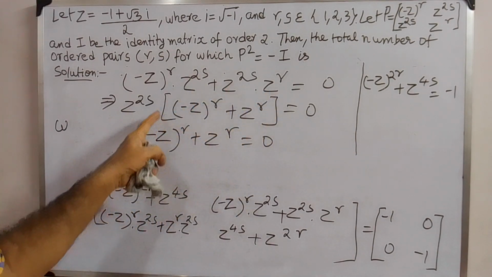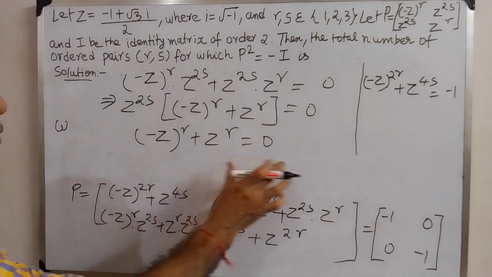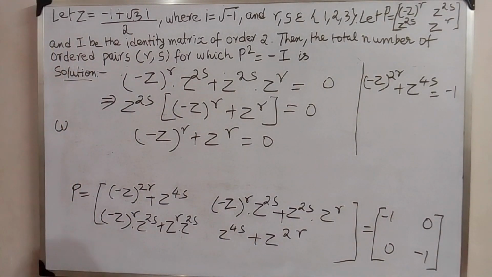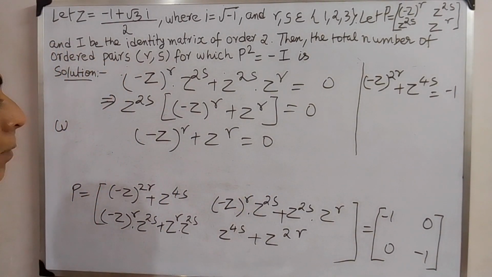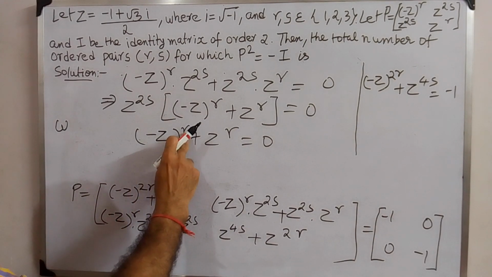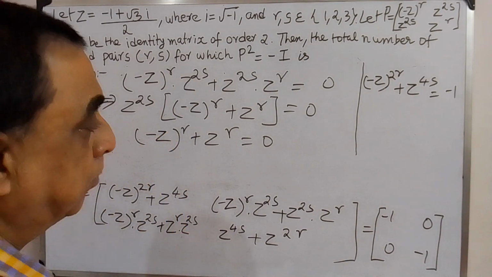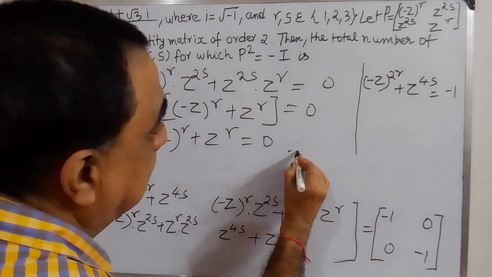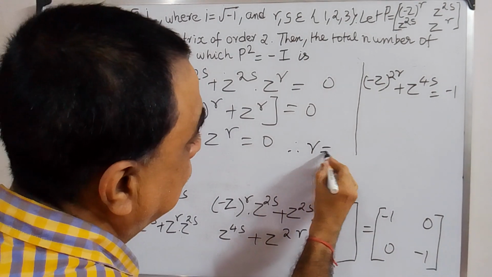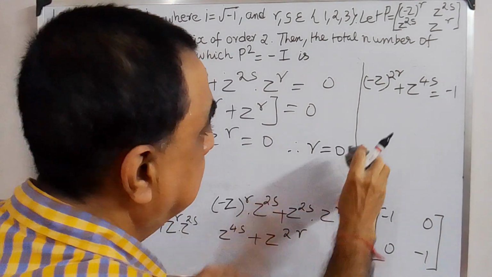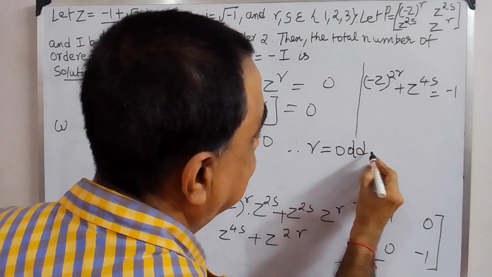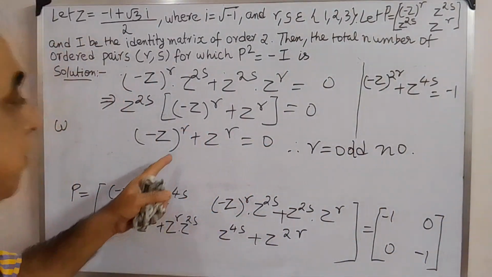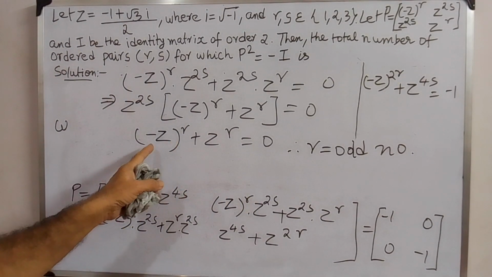So this expression is 0. If this expression is 0, what does it show? It shows that r has to be an odd number. Therefore r equals an odd number.